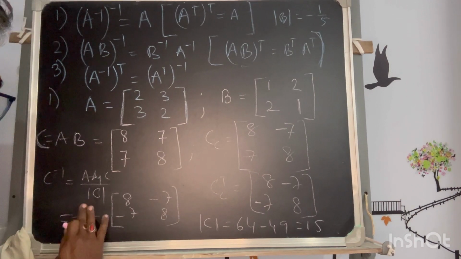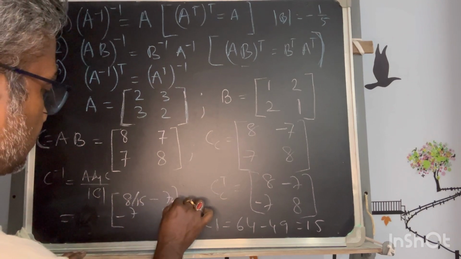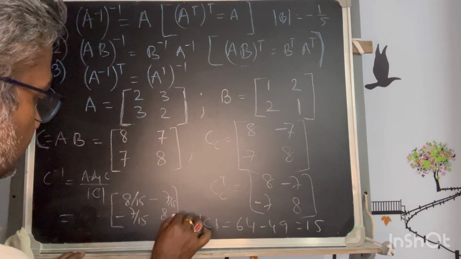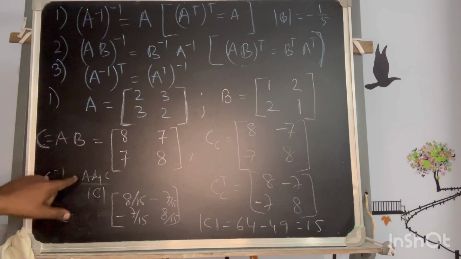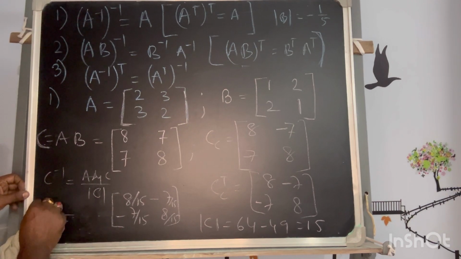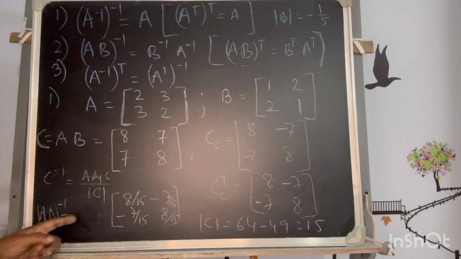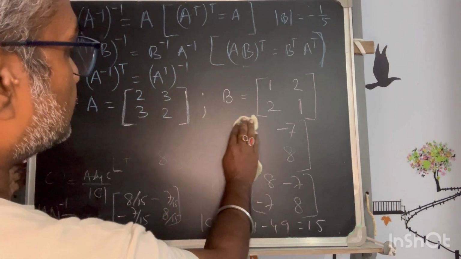Now if I adjust this, it will become 15 in the denominator of every term. So this is your ultimate form of AB inverse. So this C inverse means I have found AB inverse. So remember this value, I'll put it somewhere here.